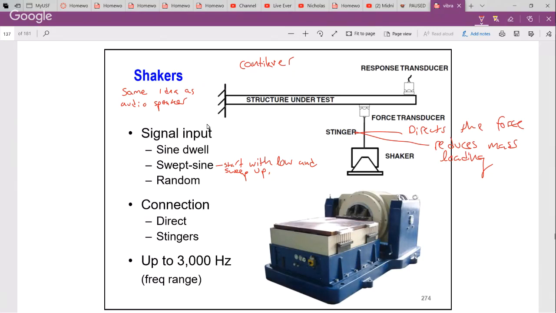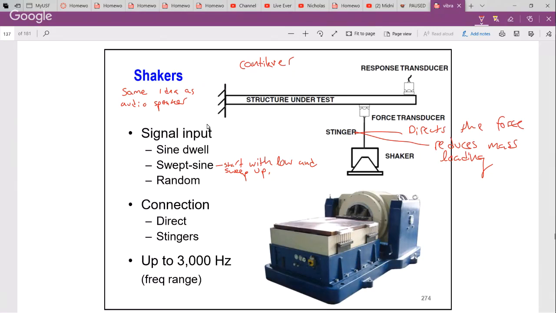What does that mean? We have the actual frequency measure. All right. So you can sweep up or down. You can adjust the rate at which you sweep.